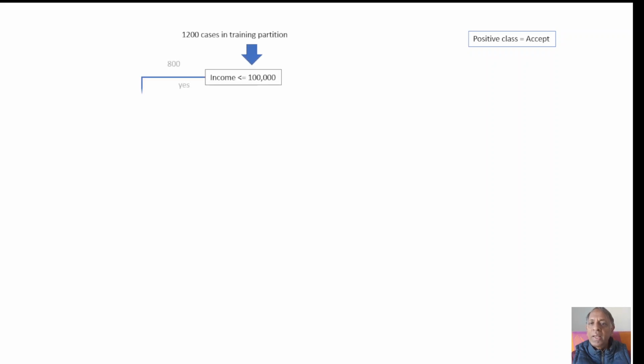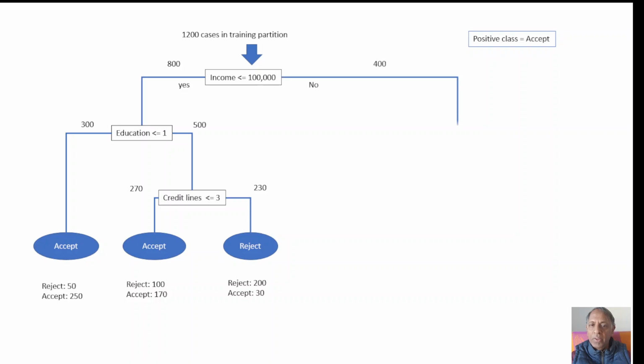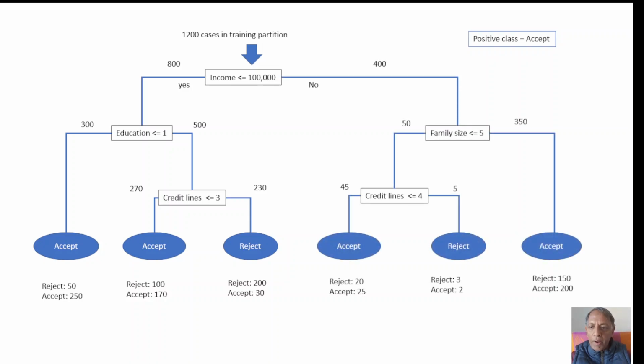Okay, so let's say that we've got a tree which comes out like this. Okay, and this is the set of leaf nodes. Okay, so here you see accept predominates heavily over reject, 250 to 50. So the sample size is 300 and it's highly homogeneous.